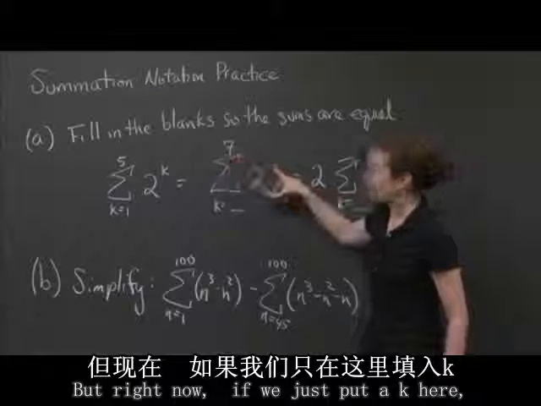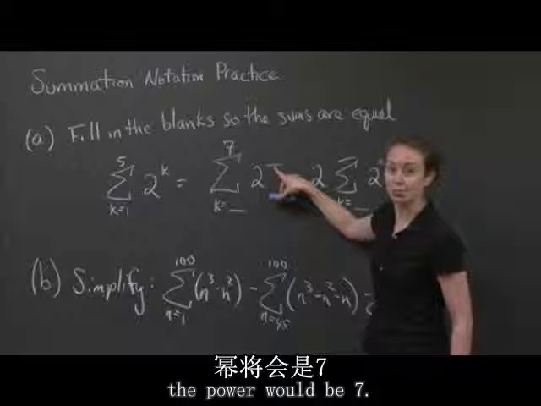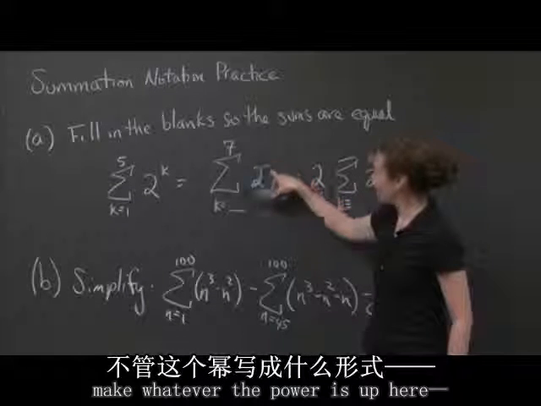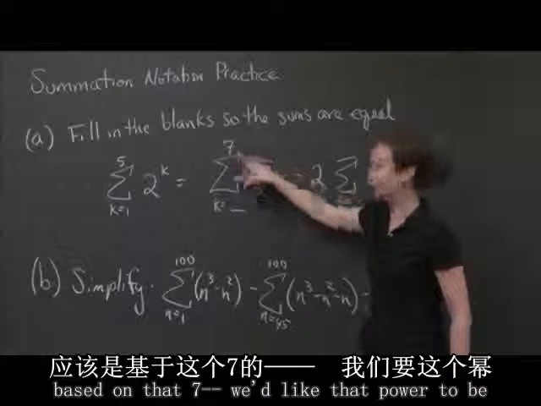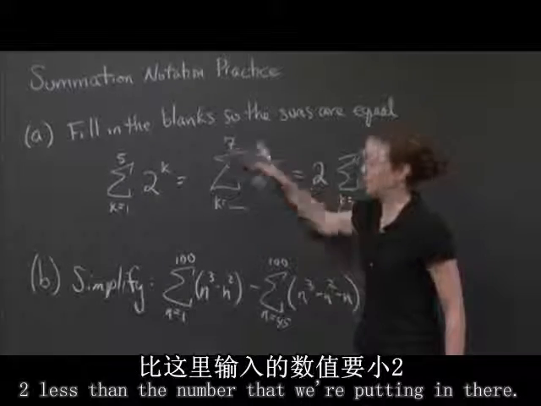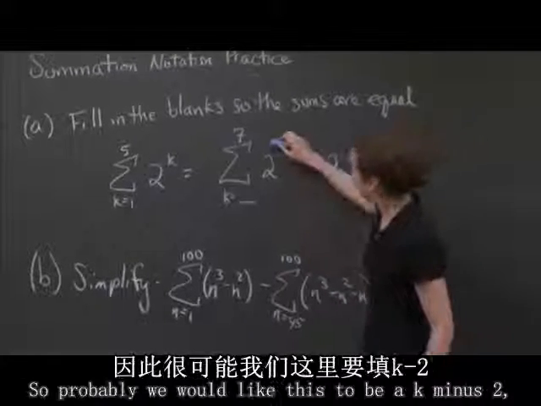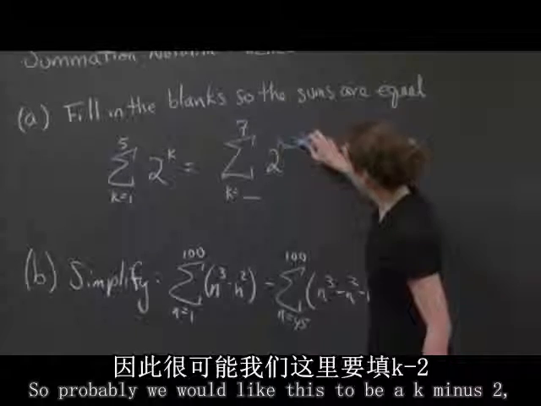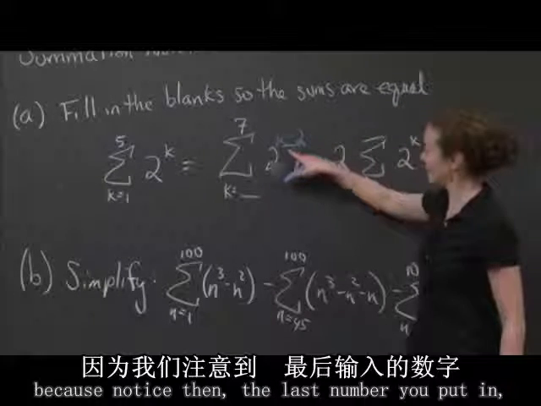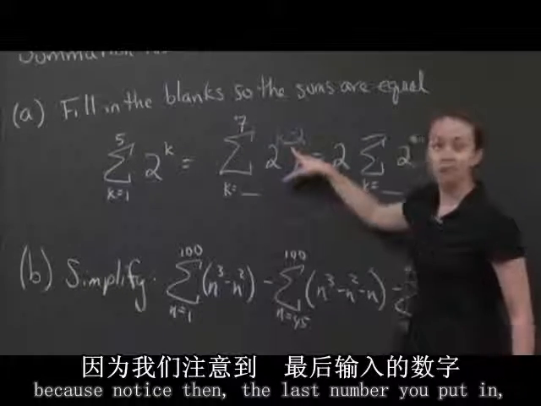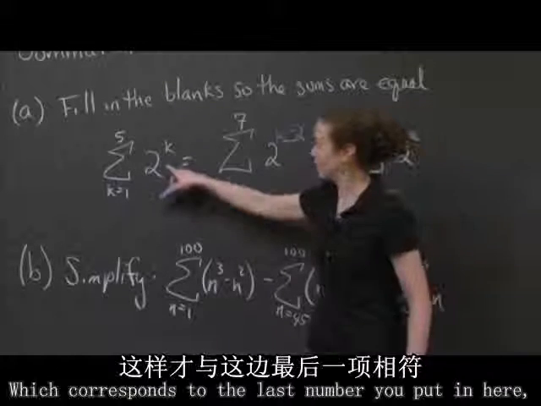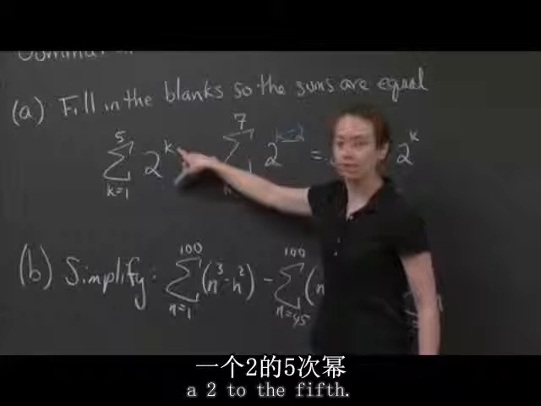But right now, if we just put a k here, the power would be 7. So we'd like that power to be 2 less than the number that we're putting in there. So probably we would like this to be a k minus 2, because notice then the last number you put in, you get a 5, which corresponds to the last number you put in here, a 2 to the fifth.